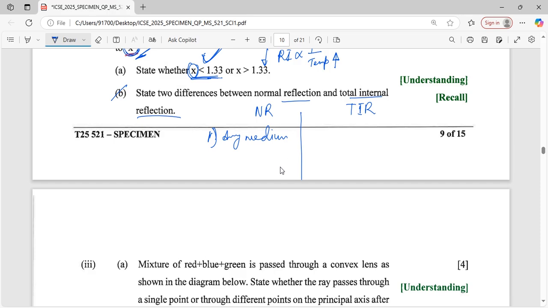But in total internal reflection, light goes from denser to rarer.